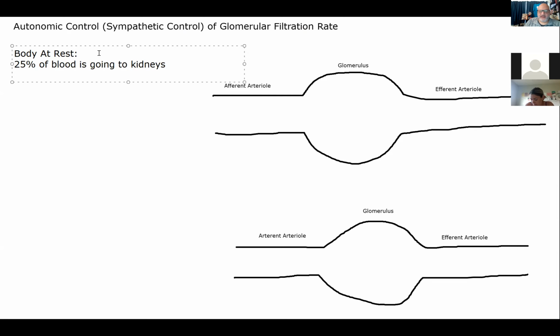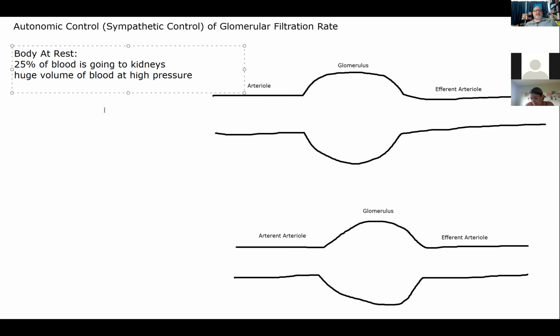Of course, the effect of that is we have a huge volume of blood at a really high pressure coming to the glomerulus, and that is going to help to maintain a high glomerular filtration rate.